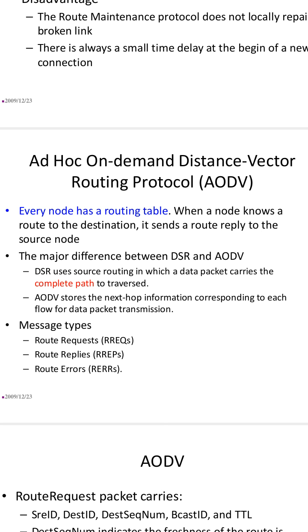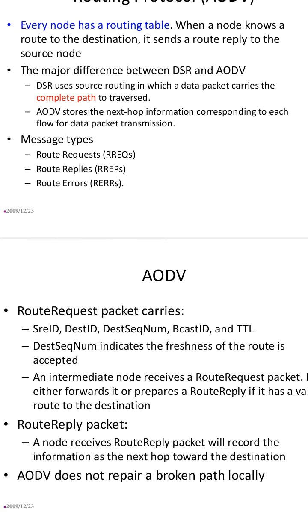Okay, here there are three types of messages. One is the route request message, another is the route reply message, and another is the route error message. In the route request message, the route request packet carries the source ID, destination sequence number, broadcast ID and TTL, time to live.